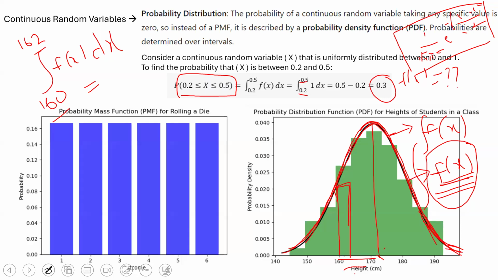We already talked about normal distribution. We are going to talk about this in detail, and we are also going to learn about the probability distribution functions of normal distribution. But keeping all that aside, you don't have to bother about this f of x, how to get the f of x for a particular distribution.